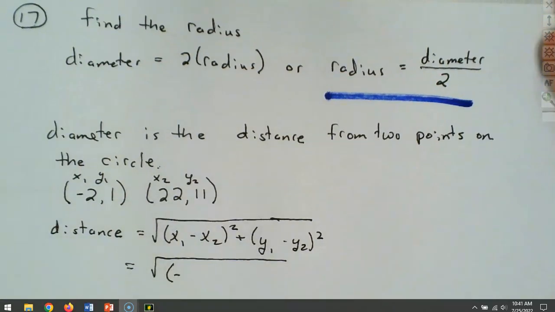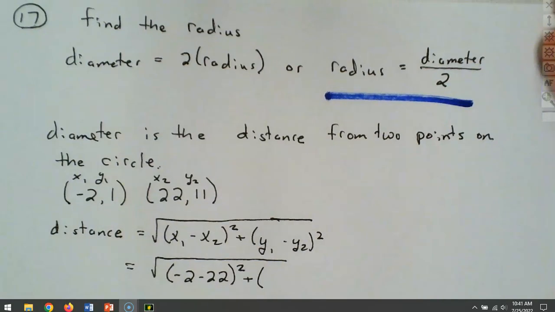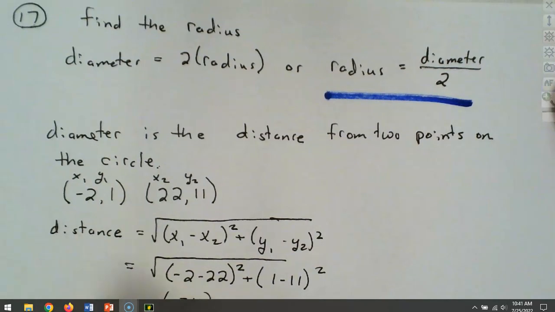Watch out for double negatives if we have any. So we've got (-2 minus 22) quantity squared, plus (1 minus 11) quantity squared. So that's a 24 squared and a minus 10 squared.